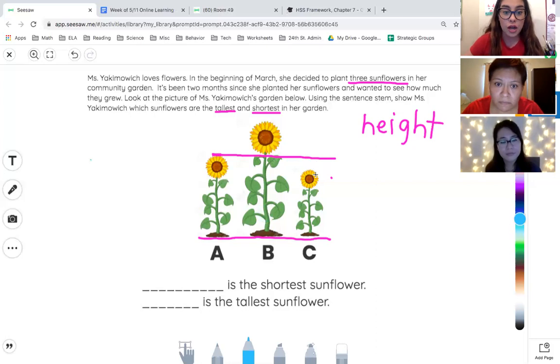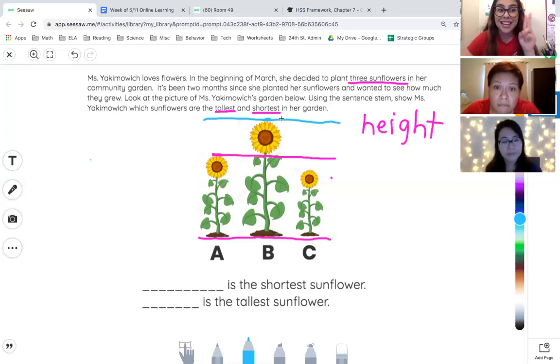Then I can go up to the top of sunflower B right here, and I can make a reference point here. And I notice that the top of this sunflower doesn't touch any other sunflower stems or leaves or petals. So this one looks like it might be the tallest.